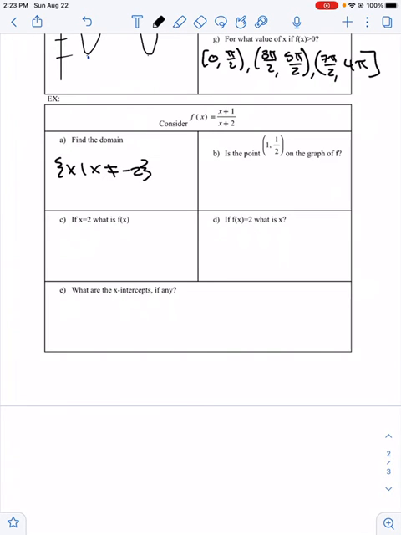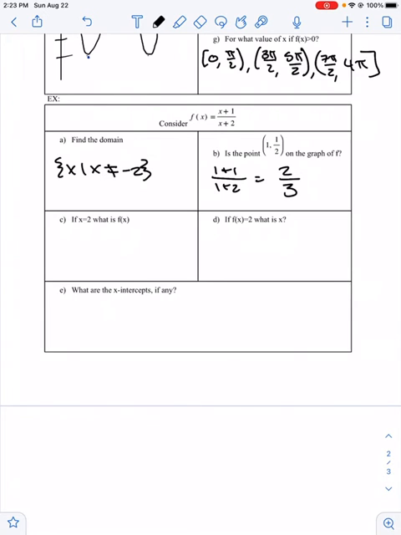Is the point 1, 1/2 on the graph? We can check by plugging that into our equation. So I'm going to plug in 1 for our x value. So 1 plus 1 over 1 plus 2, and that equals 2 over 3.